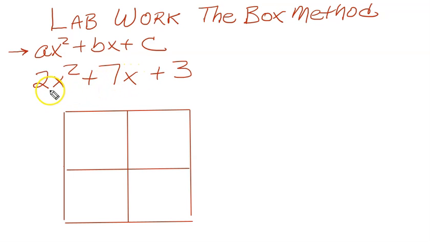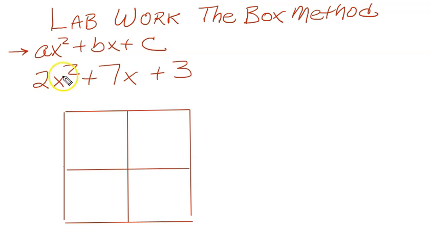So now we have a trinomial that we'd like you to write down and make another box. Now what we're going to do is use the box method to factor this trinomial. This is where we're going in our next few lessons.